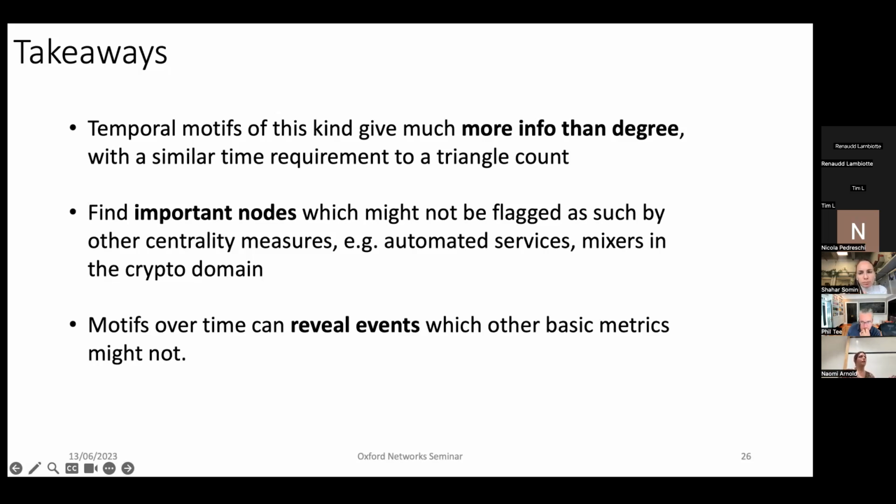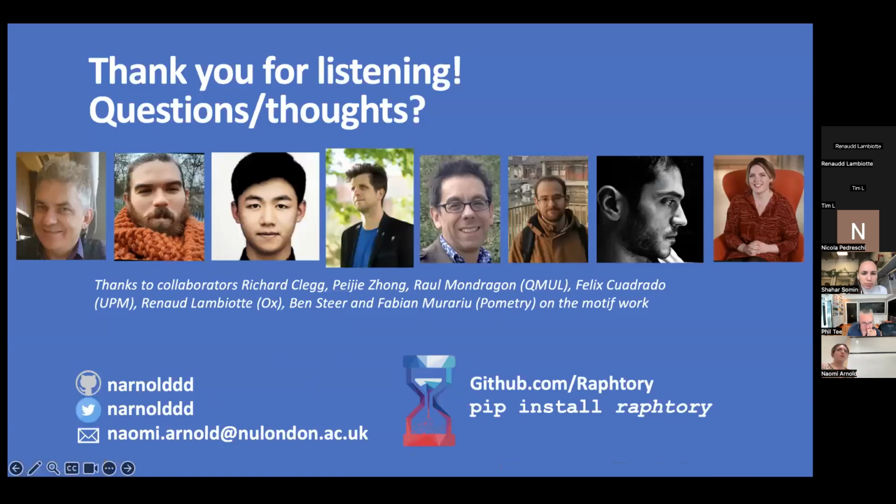And then also it seems like we can possibly see some events looking at motifs as well. So yeah, thank you very much for listening. Here are some people involved in both the Raspberry project and the motifs work, and I would love to answer any questions.